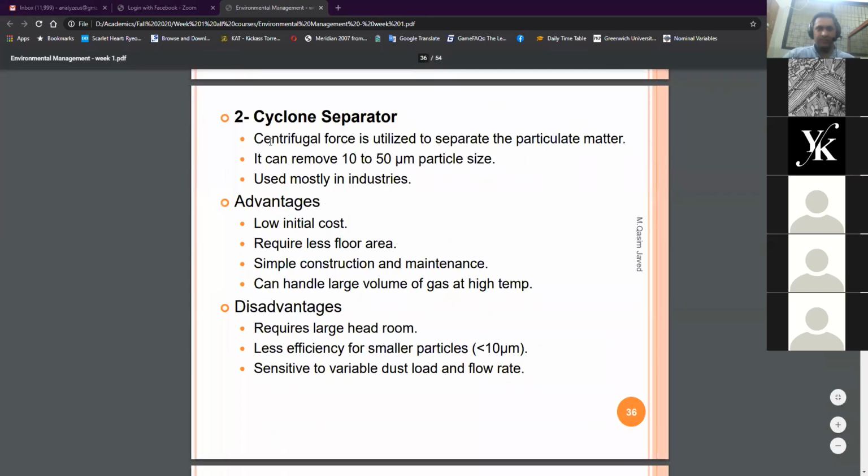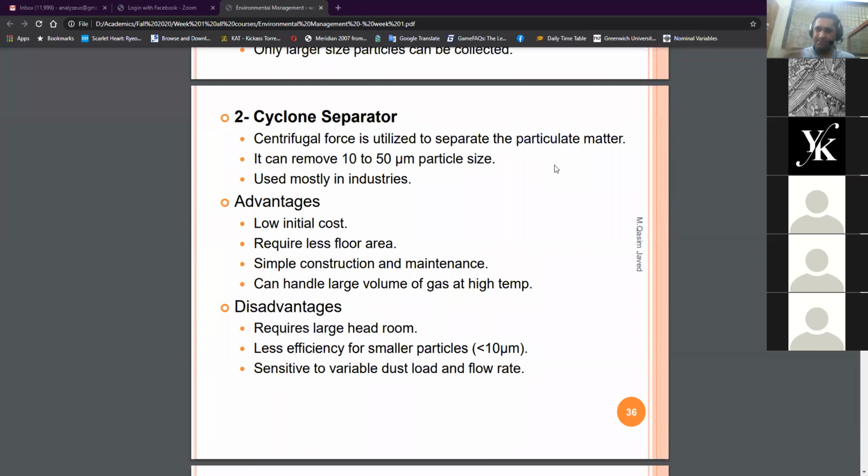So I have discussed, as requested, that the cyclone separator is a process in which there is a whirlwind process. The gases are spun at high speed. This process uses centrifugal forces to remove the solid particles.